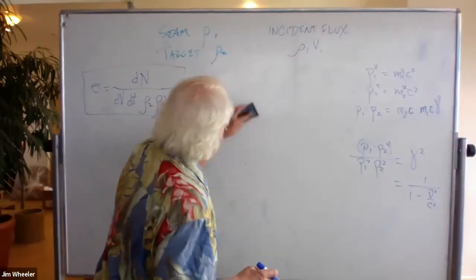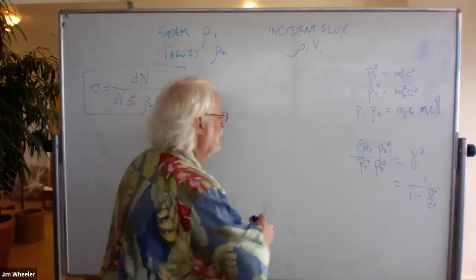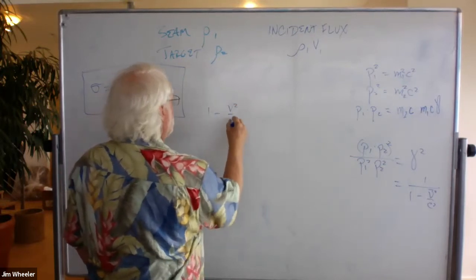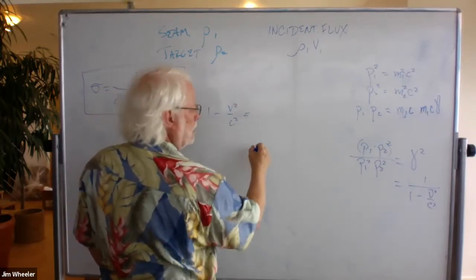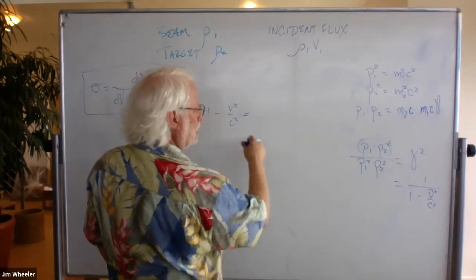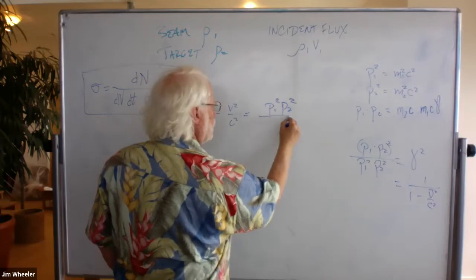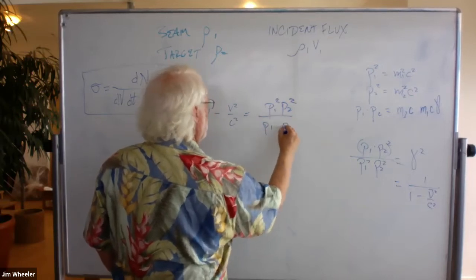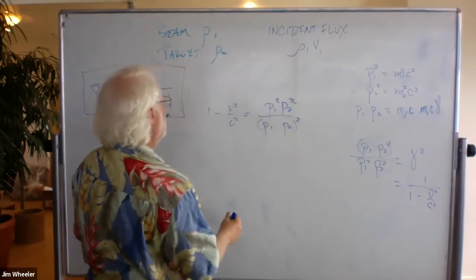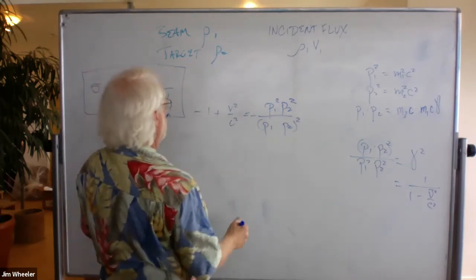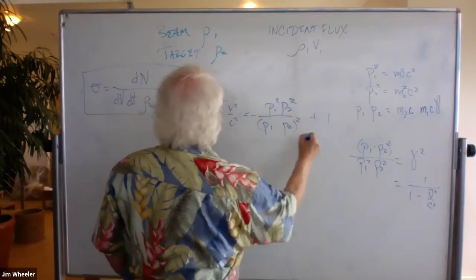now we just solve. So let's see. 1 minus v squared over c squared is P1 squared, P2 squared over P1 dot P2 squared. And so do some solving here and bring the 1 to the other side.